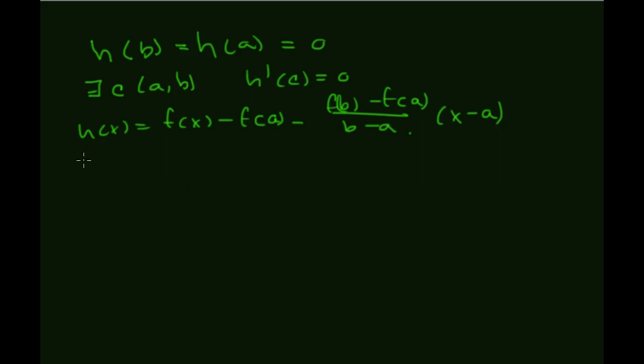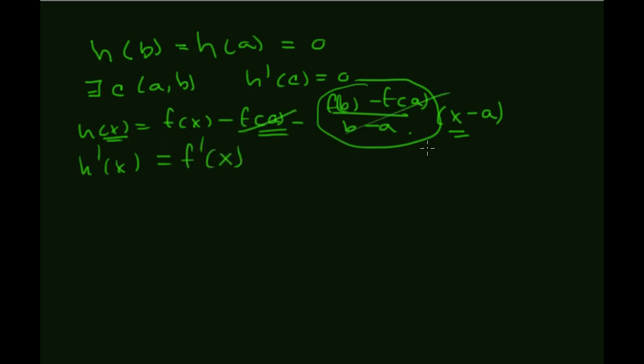Okay, so if I take the derivative of that, I'm taking the derivative with respect to x. So this whole thing is a constant, and the derivative of x minus a is just going to be 1. So h prime of x is just going to be f prime of x. That goes to 0, that goes to 0, this goes to 1. So h prime of x is in fact f prime of x minus, that's just the constant in front of 1, (f of b minus f of a) over (b minus a).